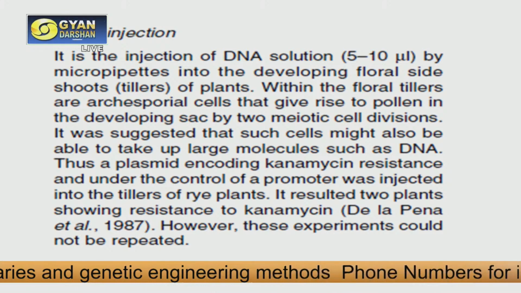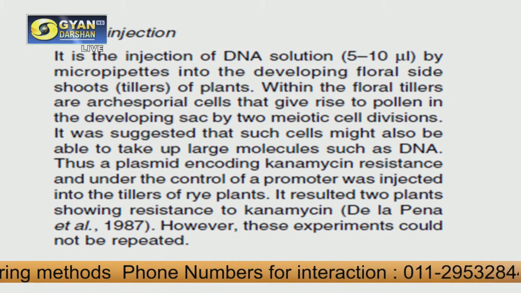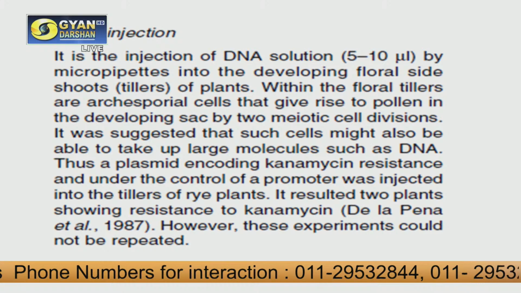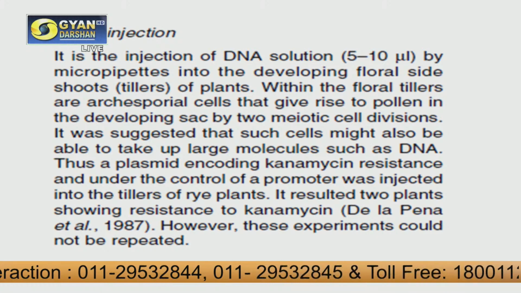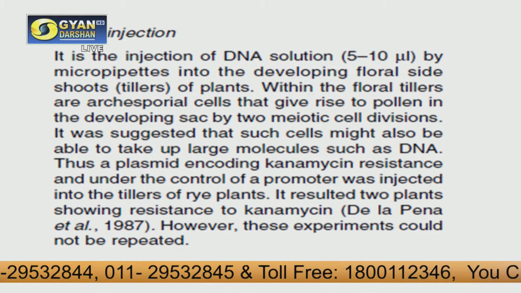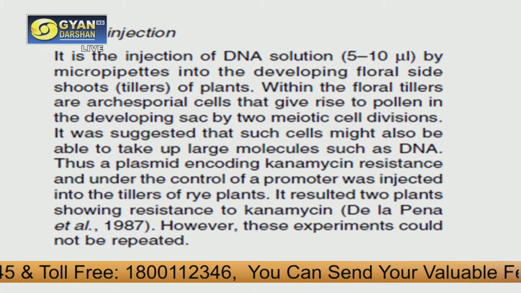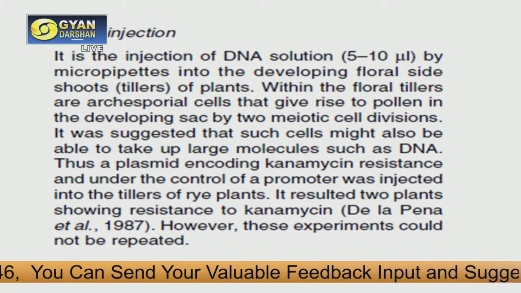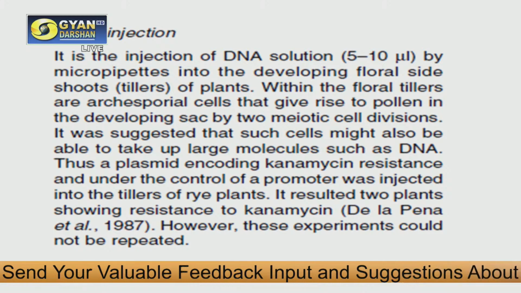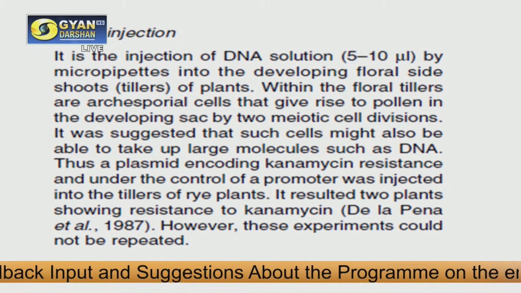So what do you do in macro injection? You just inject the DNA solution, by microtips or micropipettes, into some of the floral tissues. And then you try to develop the plant. As they are saying, the archesporial cells give rise to the pollen, and from the pollen you can actually go for the generation of the transformed plant.